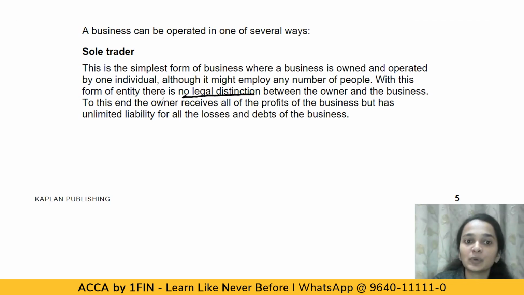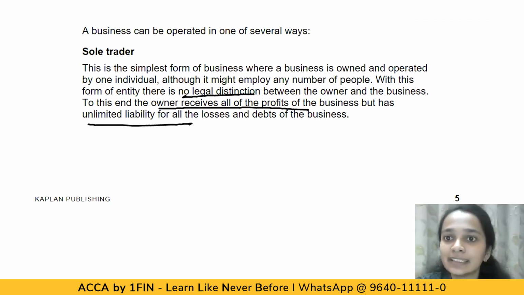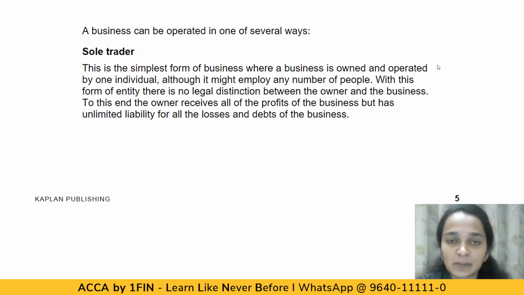And the owner receives all the profits of the business but has unlimited liabilities for all the losses and debt of the business. So all the profits belong to the owner, and in case there are any losses or any liabilities or debts of the business, it is the owner who will be responsible.